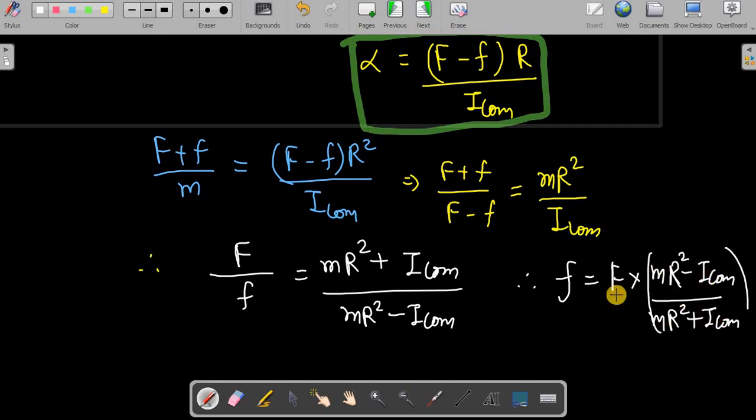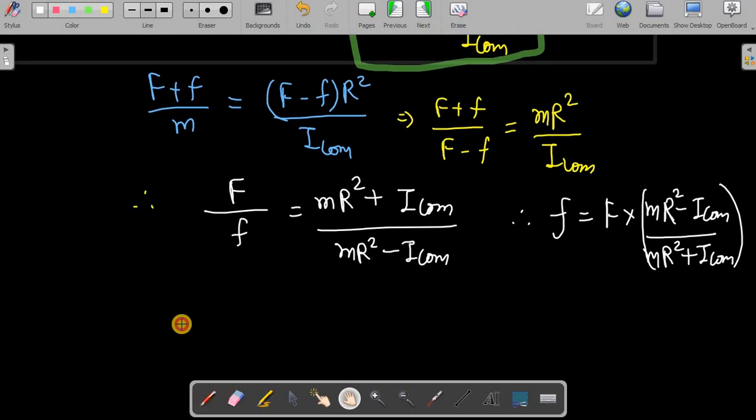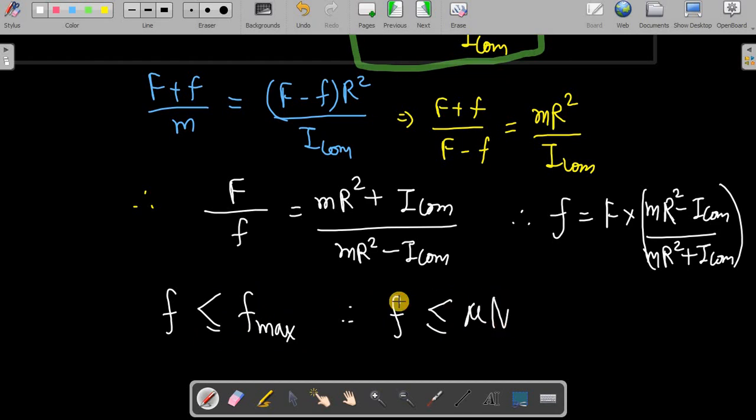And you can apply the condition on friction, that friction is less than or equal to the maximum friction, which is mu times normal. Normal is of course equal to mg. You can apply this condition and see what kind of things are possible.